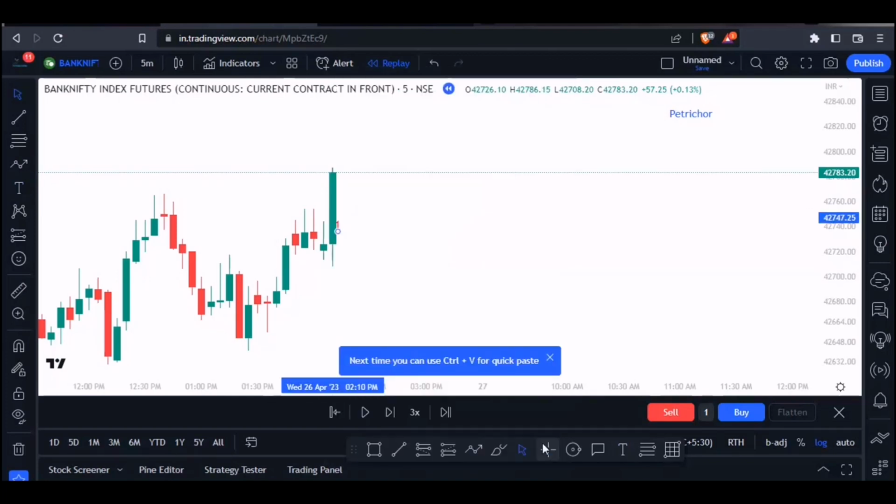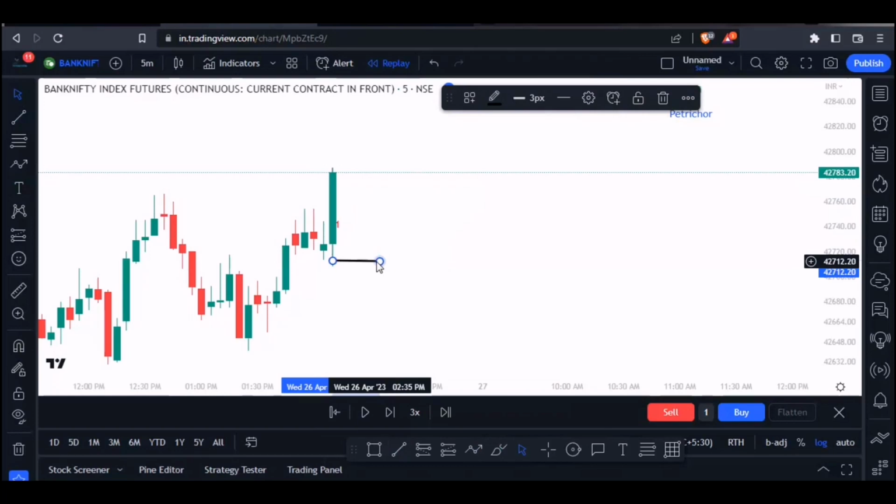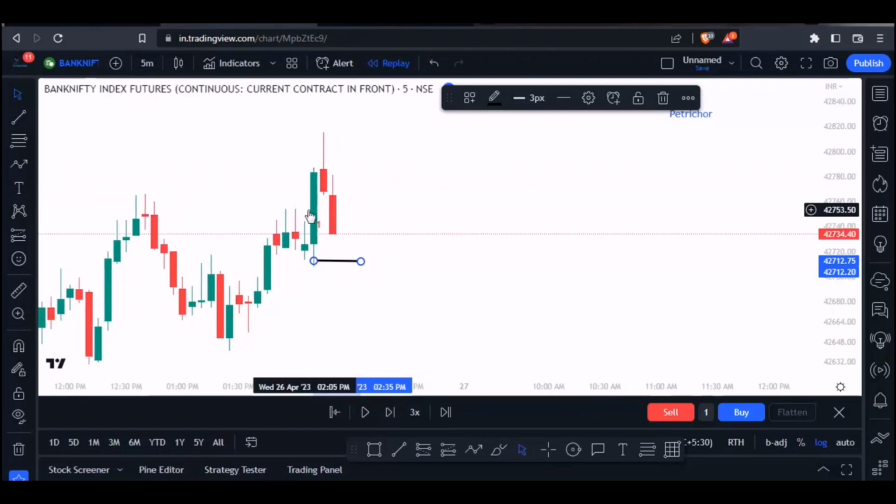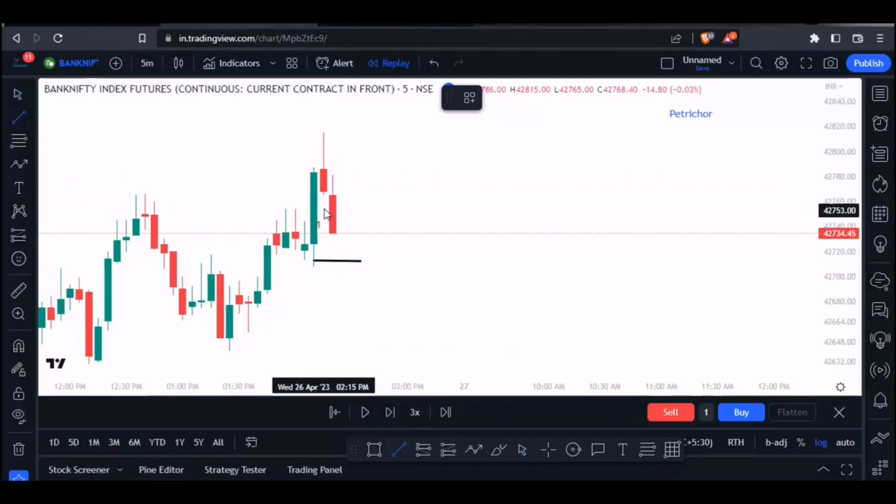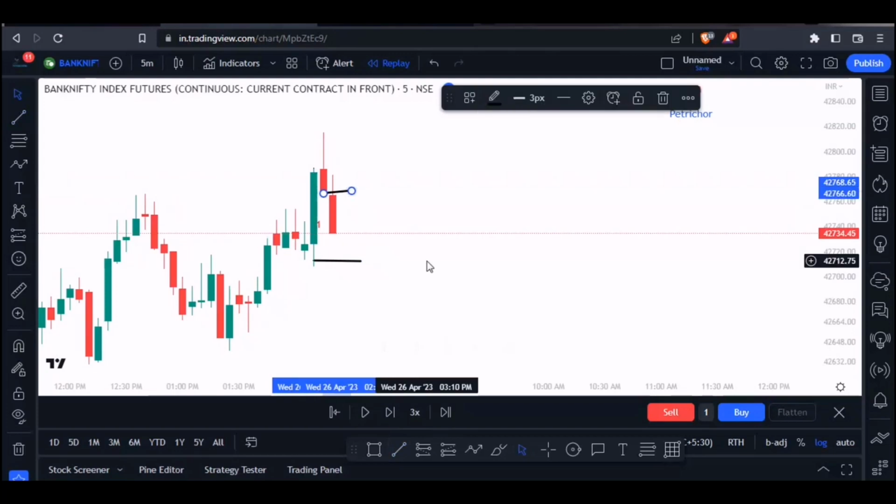In this bullish move, if the candle breaks the low, otherwise it's an impulsive move. Let's see what will happen in the market. The next candle breaks the high, but it doesn't break the low. Then the third candle, what will happen? It breaks the previous candle's low, right? So this is the valid pullback.